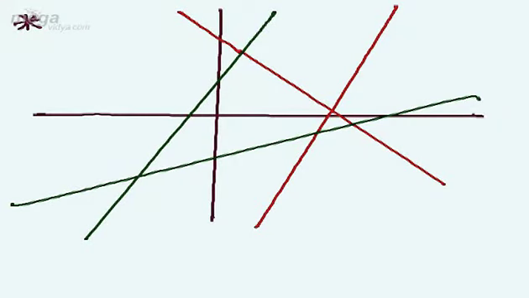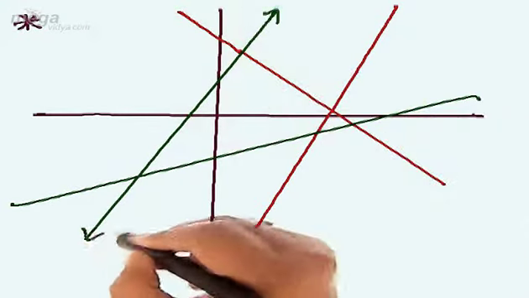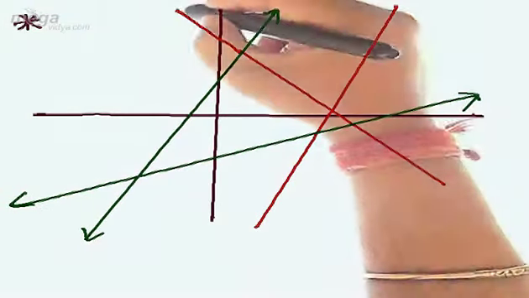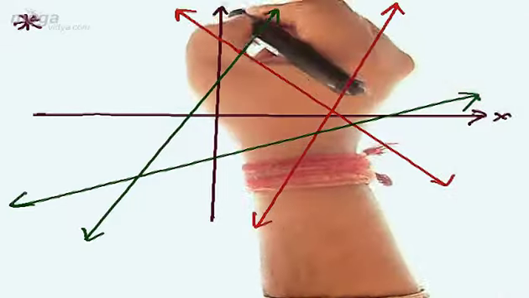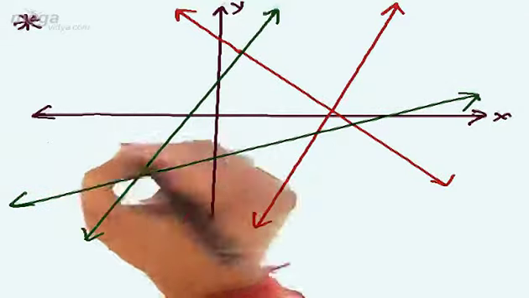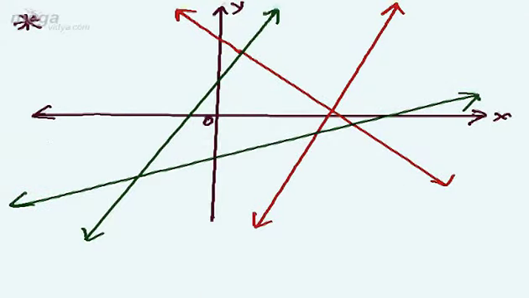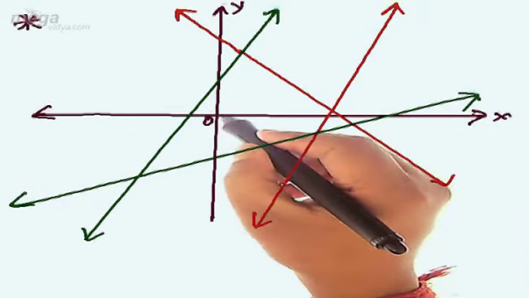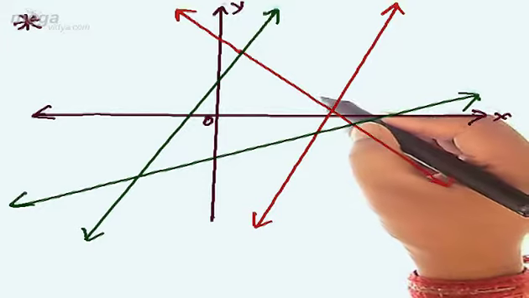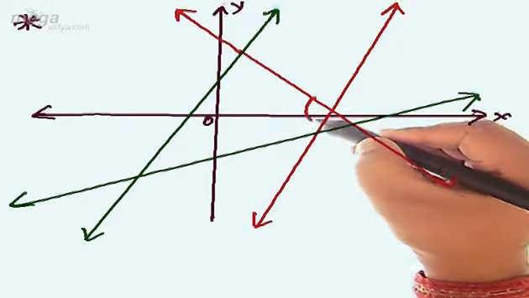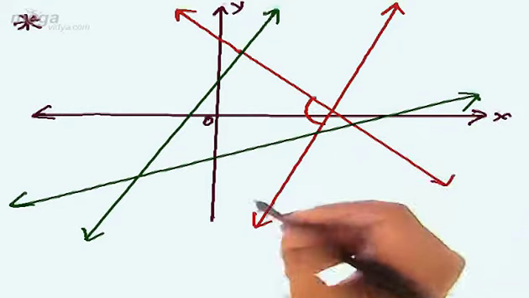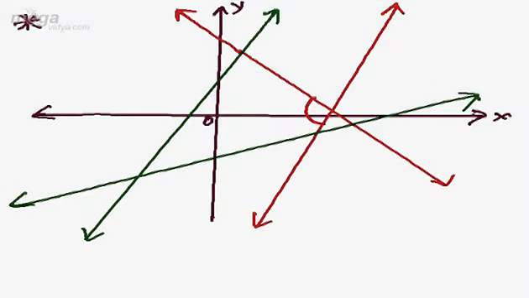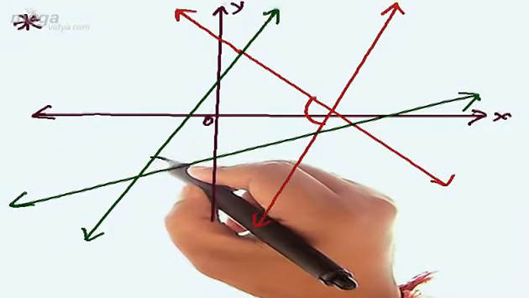I'm taking here two examples. These are two green lines, and these are two red lines, drawn with the x-axis and y-axis with the origin. From this figure you can see, when we consider the red lines, the origin lies in the obtuse angle region, and if we consider the two green lines, then the origin lies in the acute angle region.